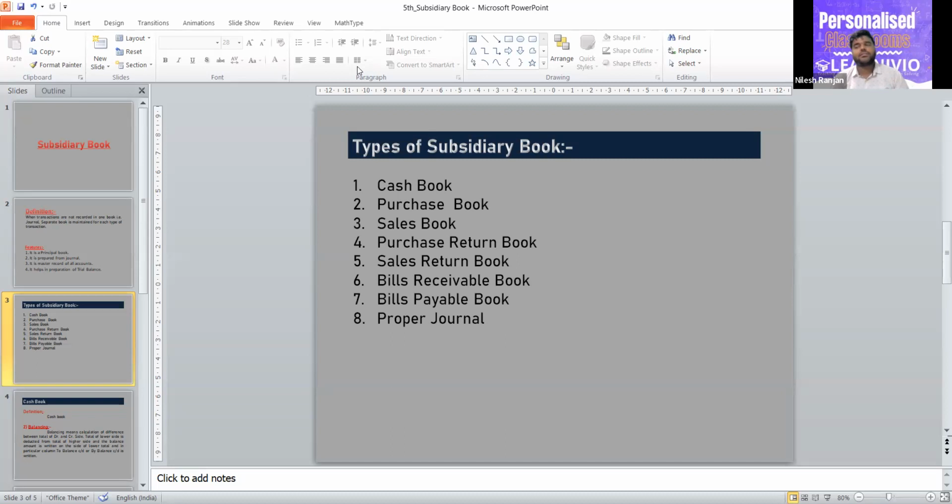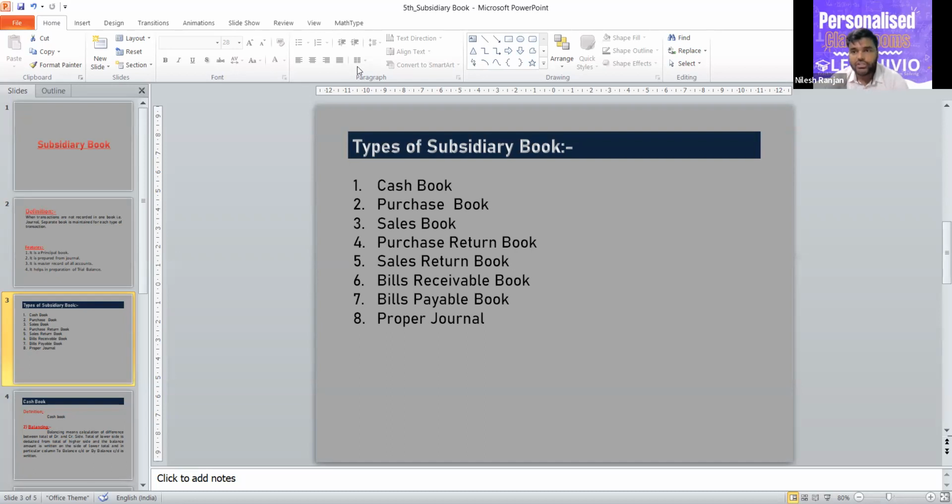In that case, if we have purchased defective goods, then we will return them to the seller. Or if we have sold defective goods to someone and he finds out, then he will return the goods to us.